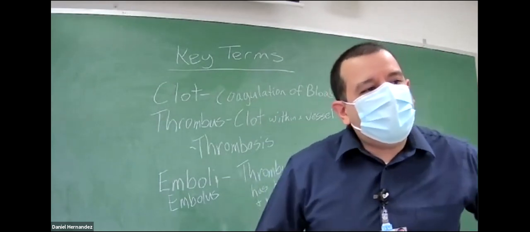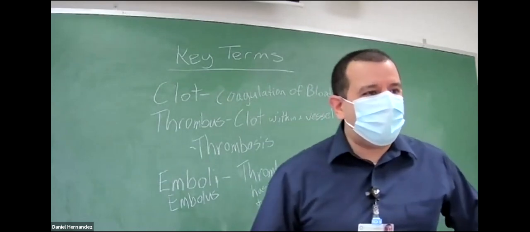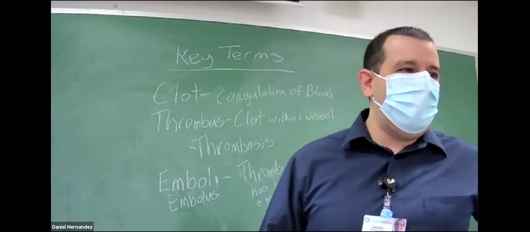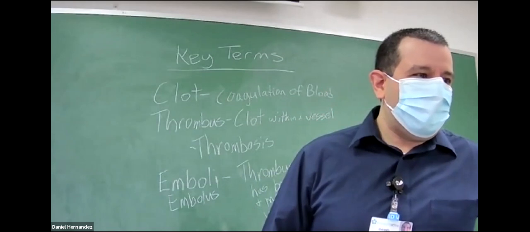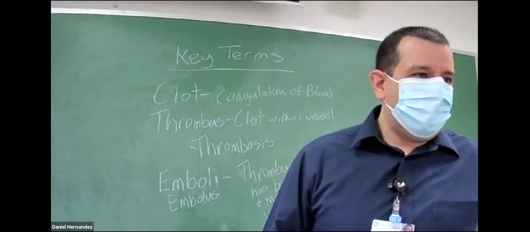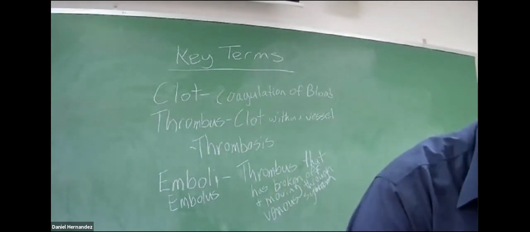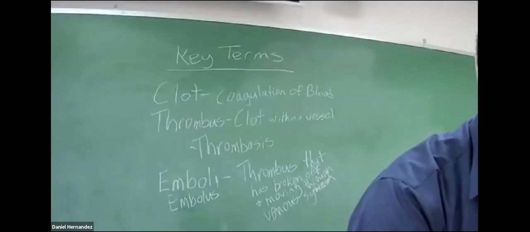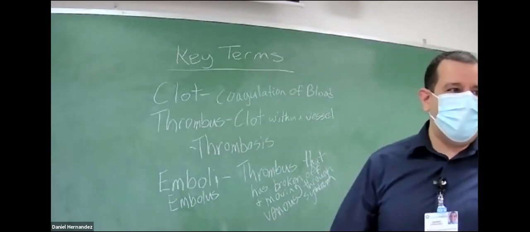Can anyone tell me where the final destination is for clots in the veins, where they're all going to wind up? Wouldn't it be the IVC? I'm sorry? The IVC? Yeah, so they'll go into the IVC, and once they get into the IVC, they're going to go up. The lungs. Lungs, yes, that is the final destination of all clots in the veins.